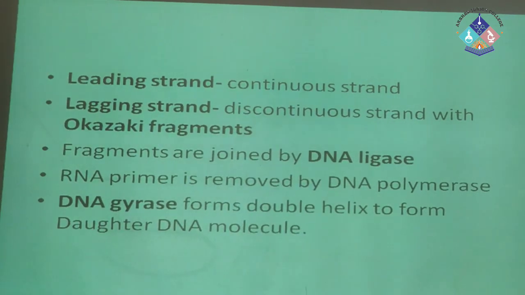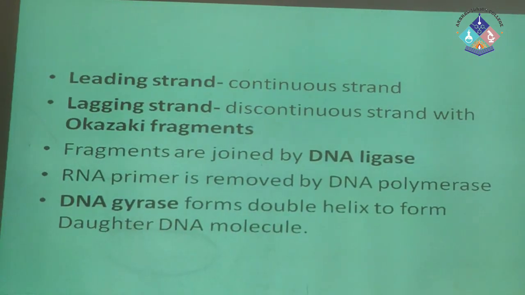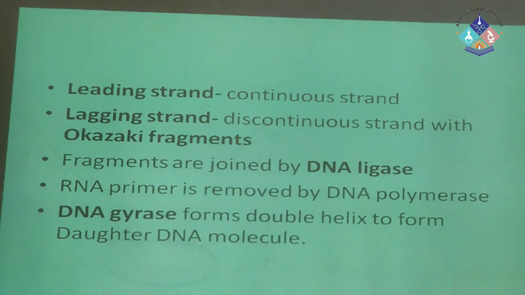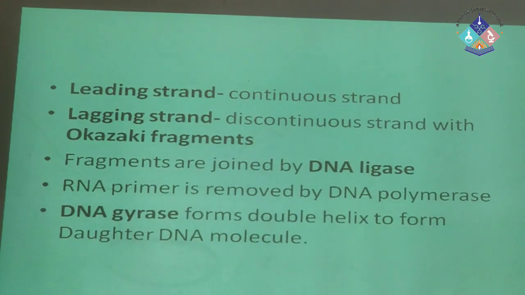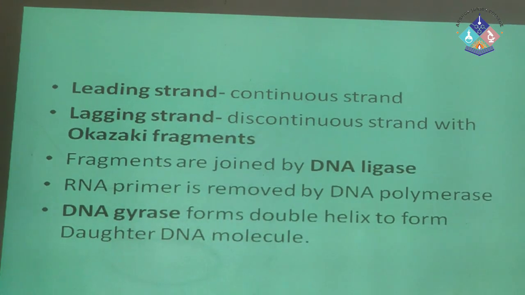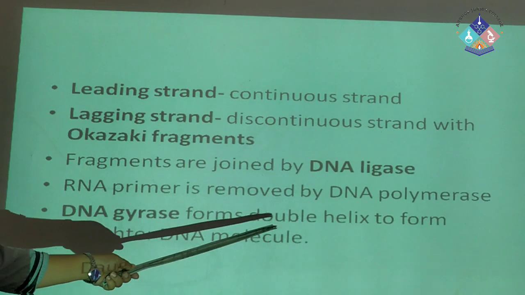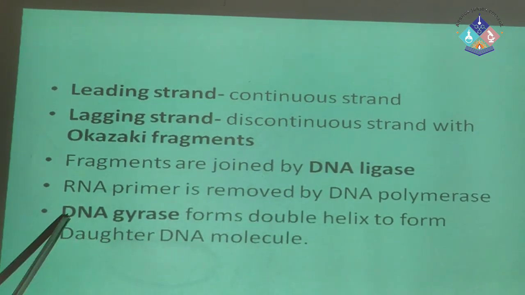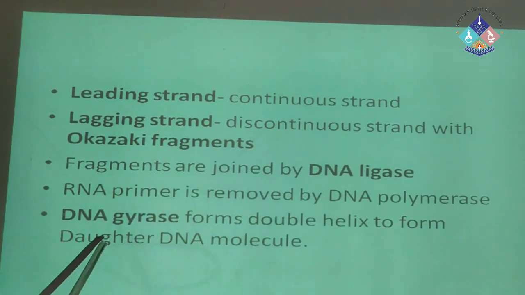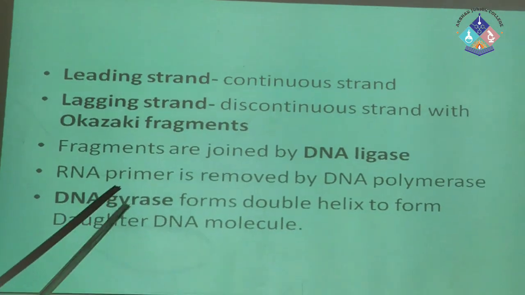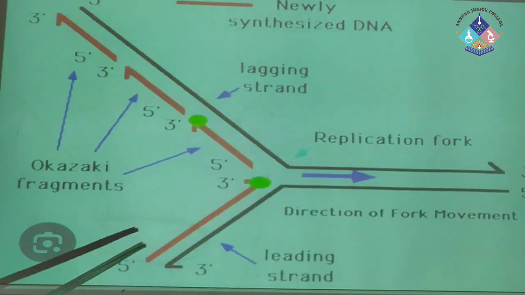And at the end of replication, after the formation of 4 strands, from one DNA, 2 daughter DNA molecules are formed. Each separated strand forms a helical form again with the help of the enzyme DNA gyrase. Okay, so you can see here.